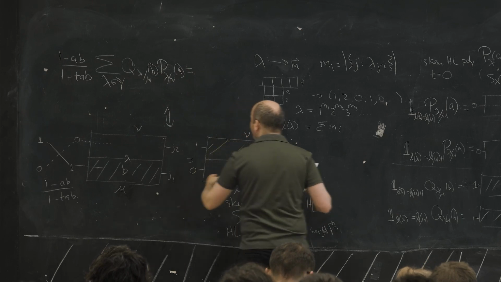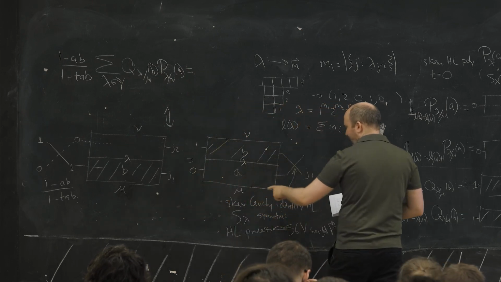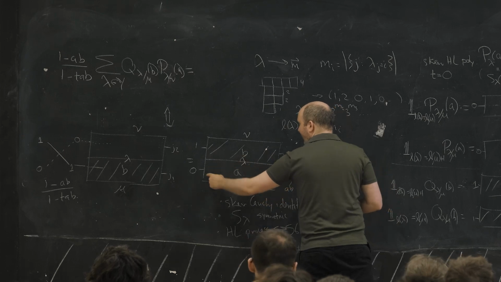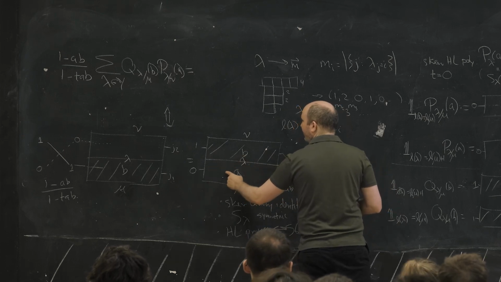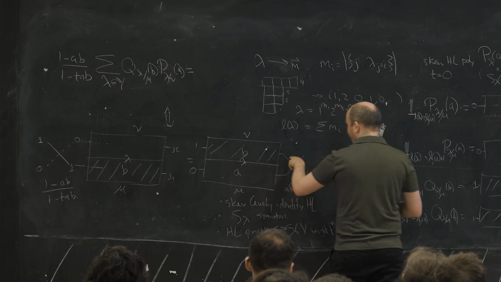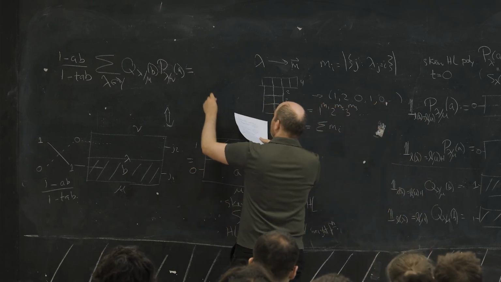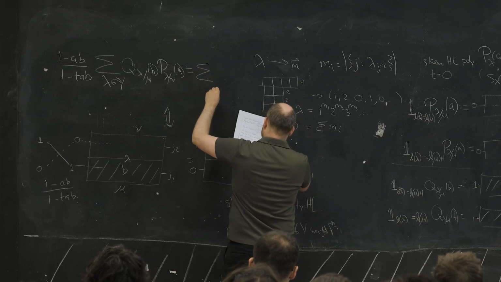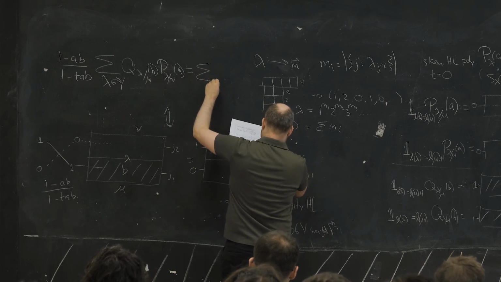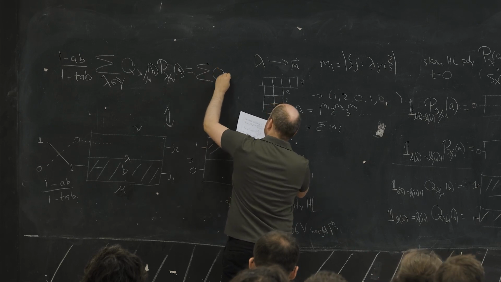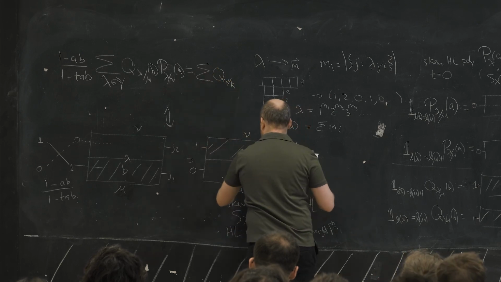And on the right-hand side, I have the same picture, except now I flipped myself around, so I have the P polynomial on the bottom and the Q polynomial on the top, and then I have this summation. So this is equivalent to, maybe I call this kappa, not lambda.